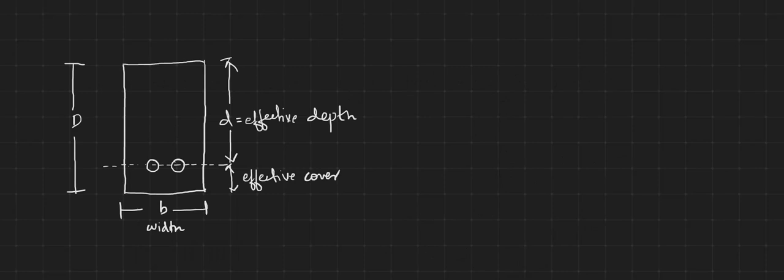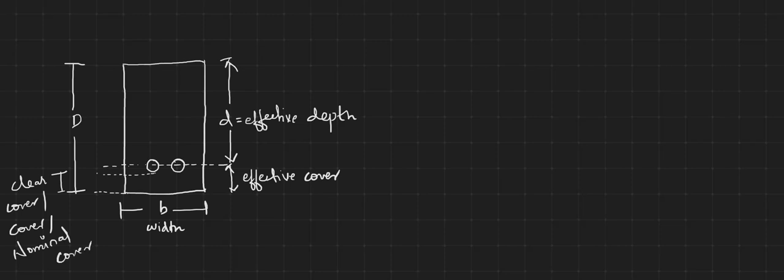Now the distance from the bottom of the reinforcement to the extreme bottom fiber is called your clear cover, or simply cover, or we will also call it nominal cover.